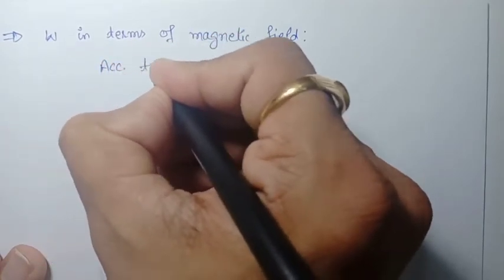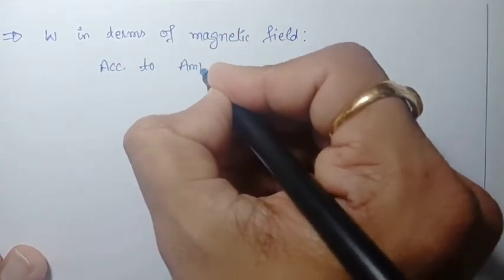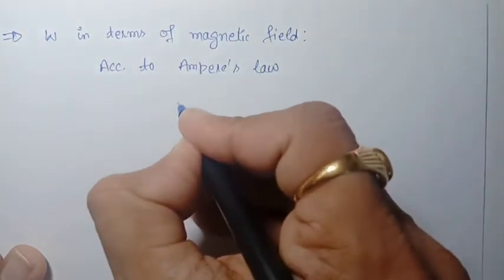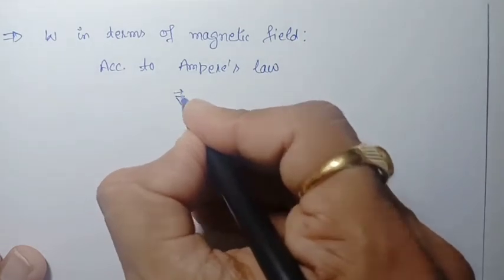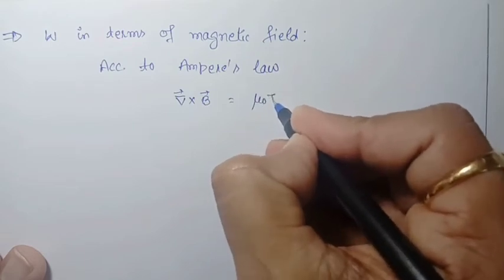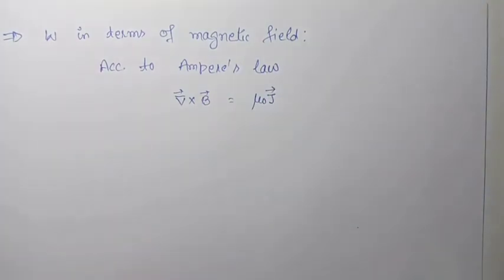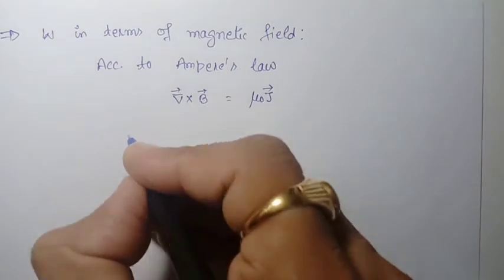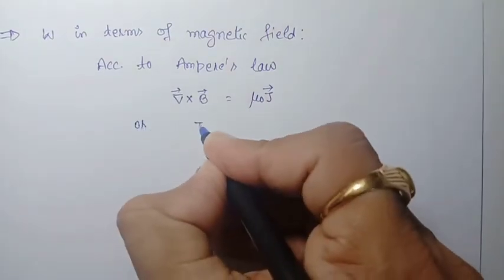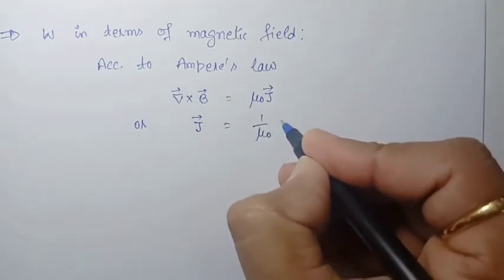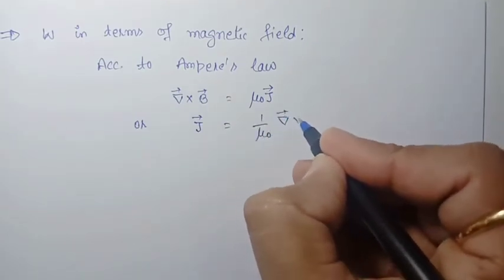According to Ampere's law, del cross B is equal to mu naught J. The curl of the magnetic field is equal to mu naught J, or J is equal to 1 over mu naught del cross B.